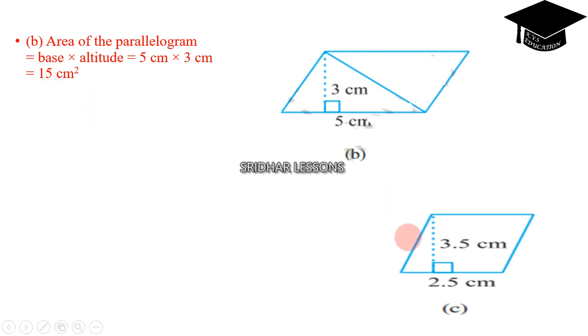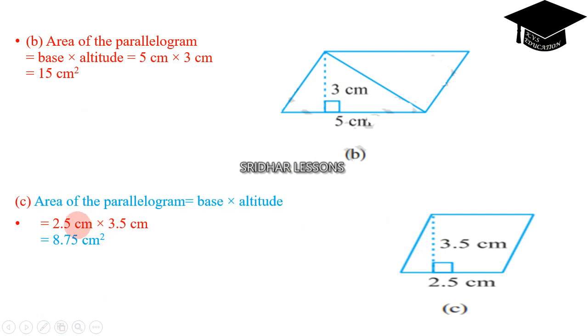And for picture C, as usual, base into altitude is the formula for the area of the parallelogram. So 2.5 centimeters into 3.5 centimeters, which equals 8.75 centimeters square.